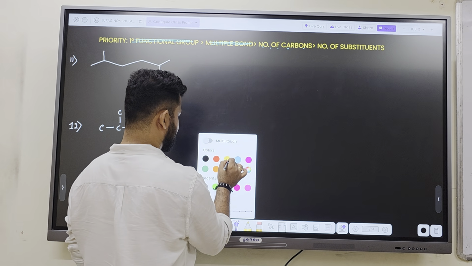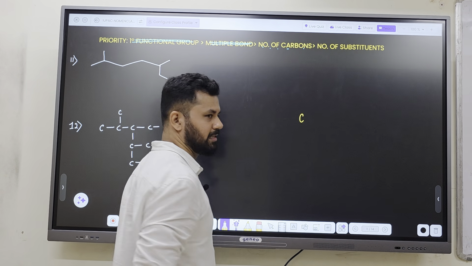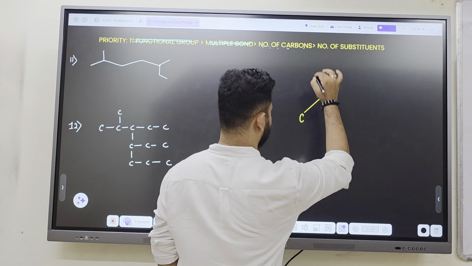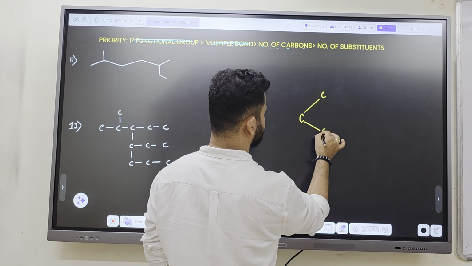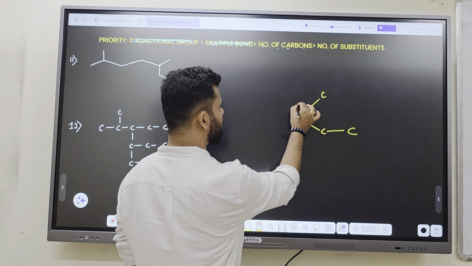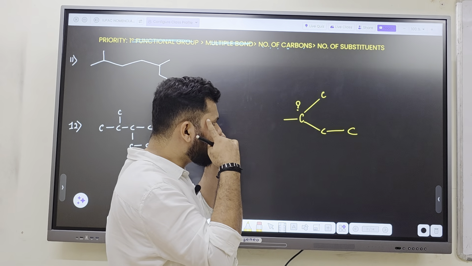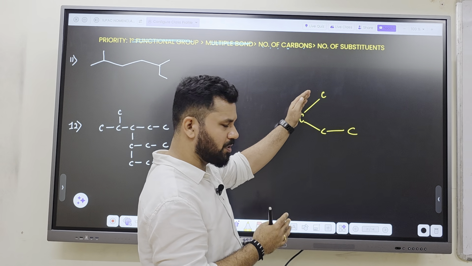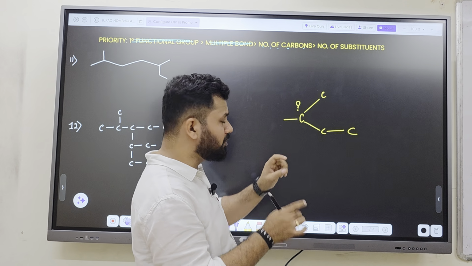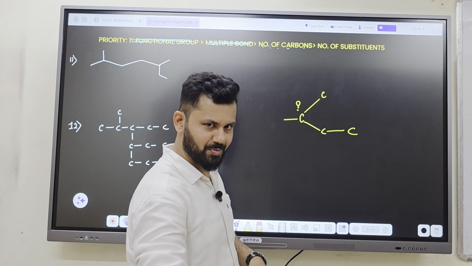For alkane chains, let us say that there is a carbon here. There is a carbon here. Here there is one branching, there is one carbon. Here there is a branching, there are two carbons. Now at this point when you arrive from wherever you are coming, you will ask yourself whether to take left or to take right. From this point of intersection, you will choose that path which is longer because there will be more carbons.